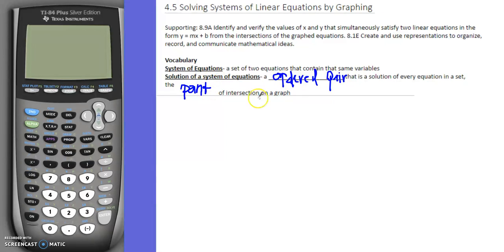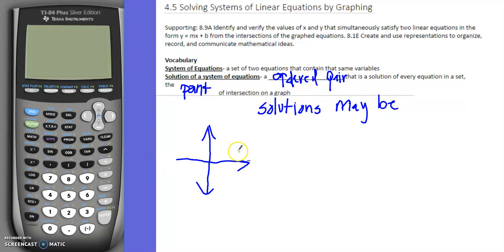Some possible solutions may be the following. Let's say you have a coordinate plane and you have two lines that intersect. The solution might be a single point with an ordered pair of x, y.